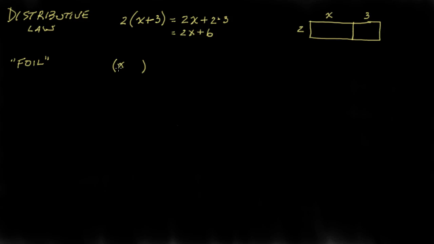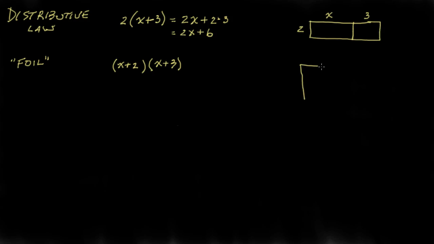Let's look at a simple one like x plus 2. Now this is a binomial because we have 2 terms, that is quantities added together within the parentheses, and we're going to multiply that by another binomial. Let's make it x plus 3. The thinking that I use is similar to the thinking that I used before.